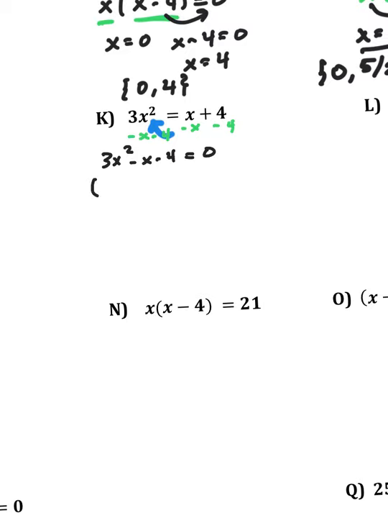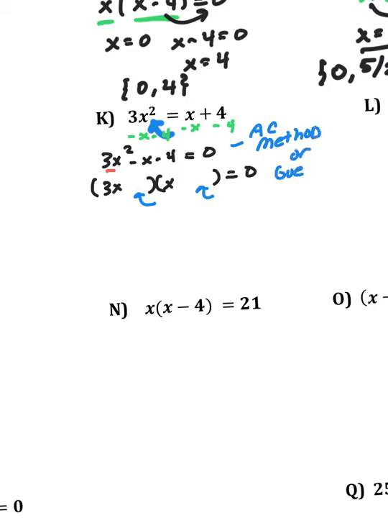I know for sure that the way to get that 3x squared is going to be 3x times x. And so you could play around here with a 2 and a 2 to give you that 4, or we could do the 4 and the 1 and reverse the order. So, right, AC method, which you could do, or guess and check.